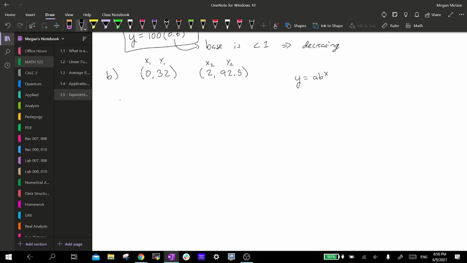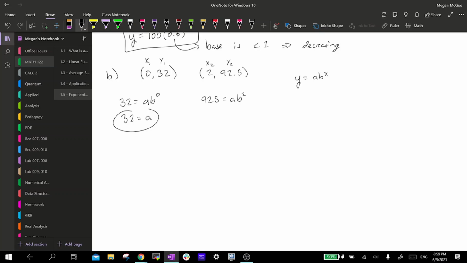So we have y1, which is 32, is equal to a times b raised to x1, which is 0. Again, anything to the 0th power is 1, so we end up with 32 is equal to a. Over here we have y2, which is 92.5, is equal to a times b raised to the 2nd power.